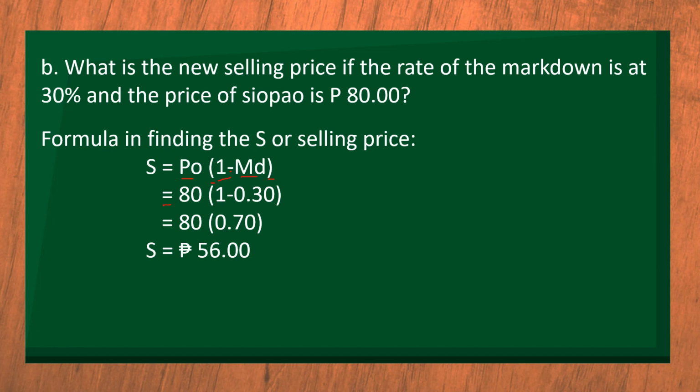Let us apply the given formula: 80 pesos times the quantity 1 minus 0.30, which is the markdown rate, is equal to 80 pesos times 0.70, which is equal to 56, the new selling price.